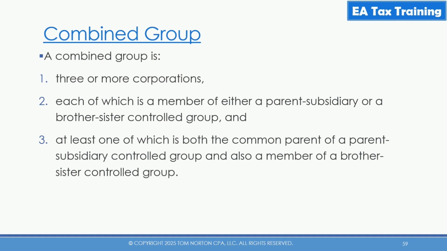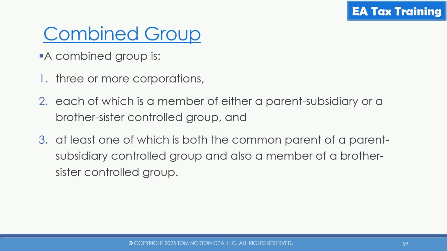So a combined group is when you have 3 or more corporations, each of which is a member of either a parent subsidiary group or a brother-sister group, and at least one of those is both the common parent of a parent subsidiary group and also a member of a brother-sister controlled group.